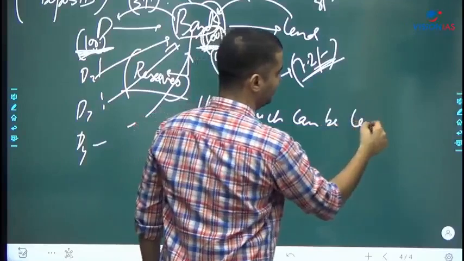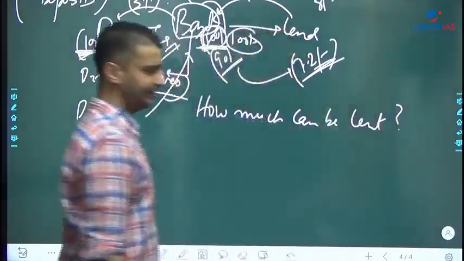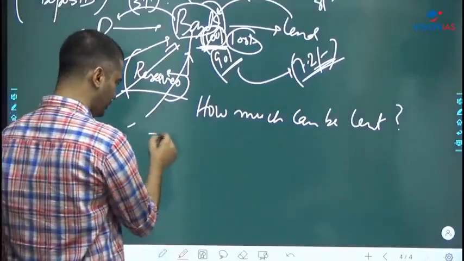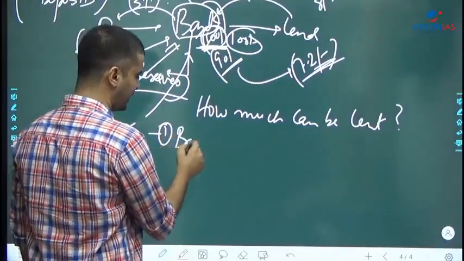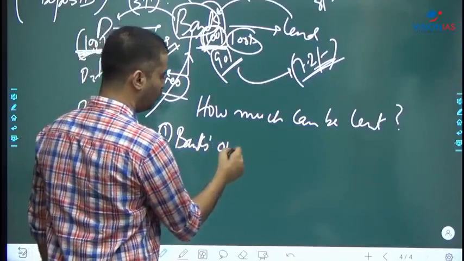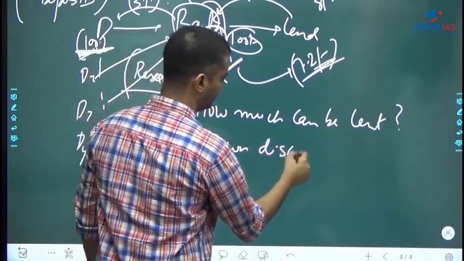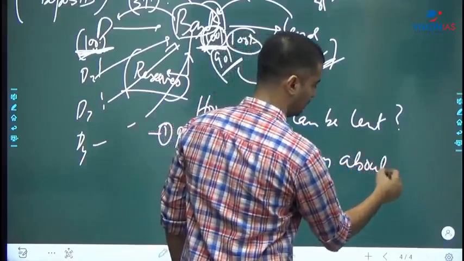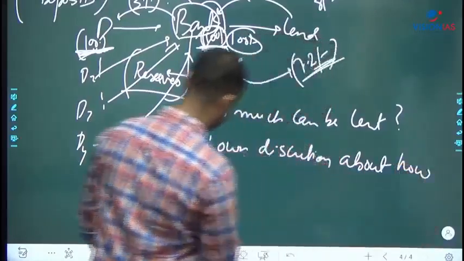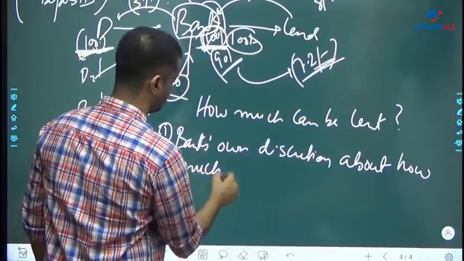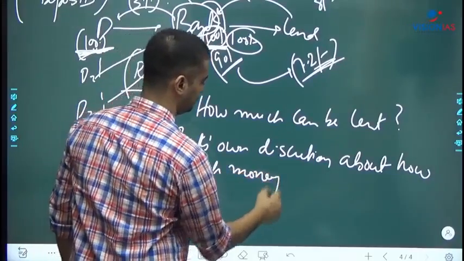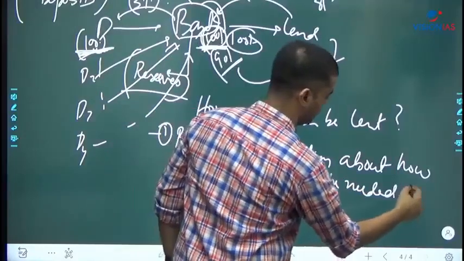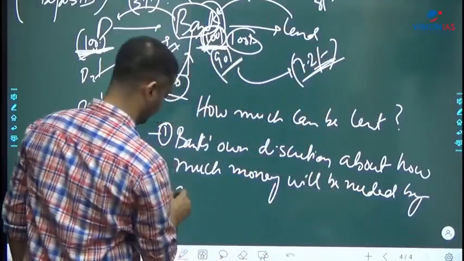Out of the total deposits you receive, how much can be lent depends upon, number one, bank's own discretion about how much money will be needed by depositors.